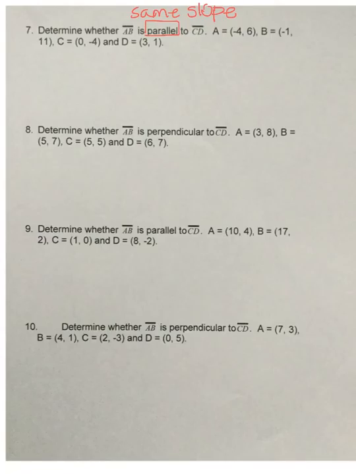And in order to determine whether or not two lines are perpendicular, they have a negative reciprocal slope. Okay, so everything is opposites. It's flipped and it's negated.